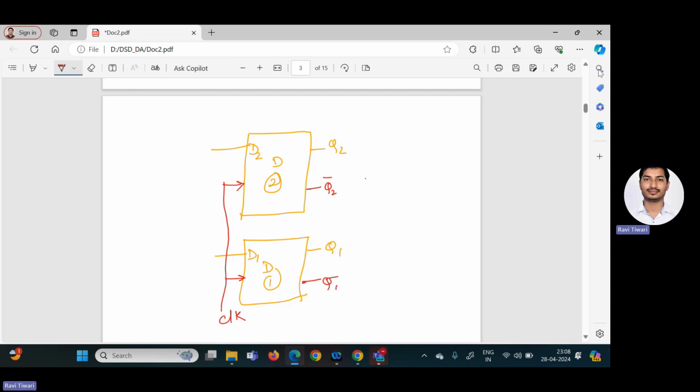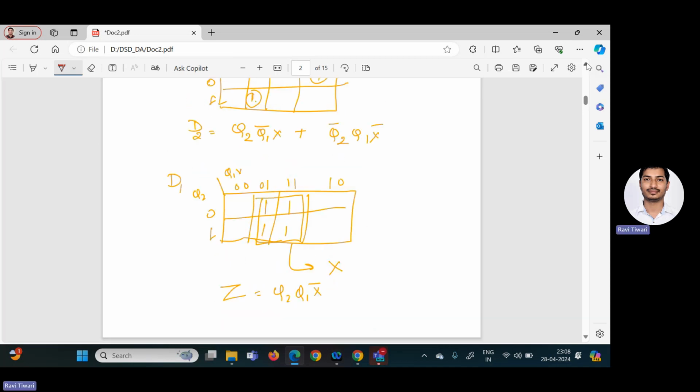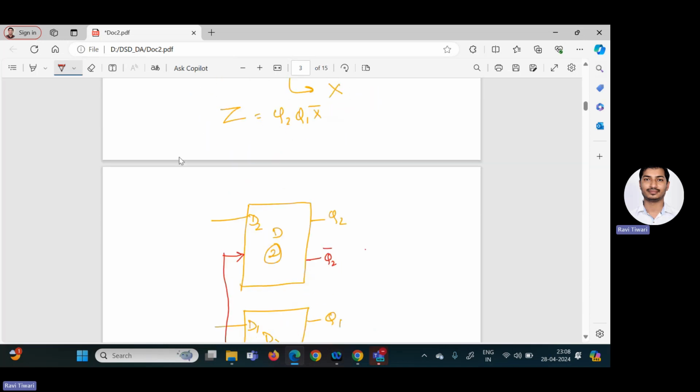Now, what is the expression for D2? D2 is Q2 Q1 bar X plus Q2 bar Q1 X bar. So here I am making two AND gates, and along with that, I have to give it to the OR gate. Each has 3 terminals. This is Q2, this is Q1 bar, and this is X. This is Q2 bar, Q1, X bar.